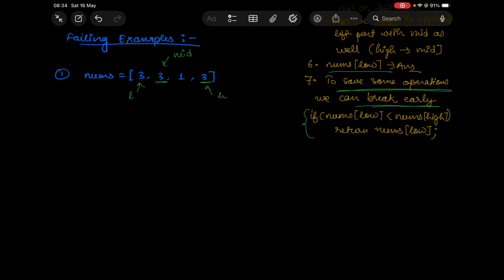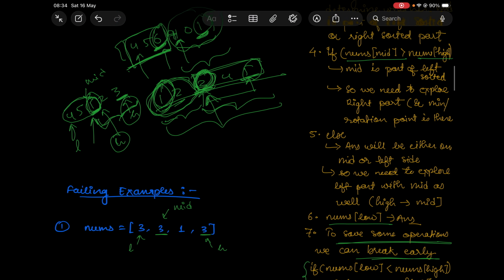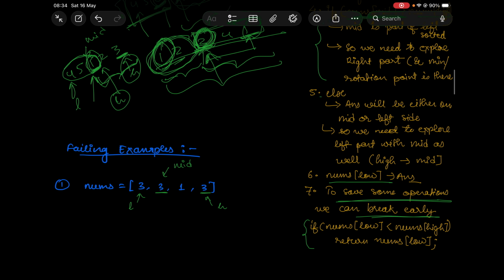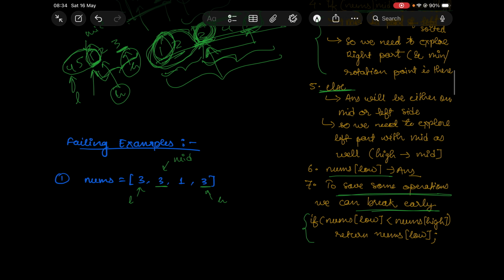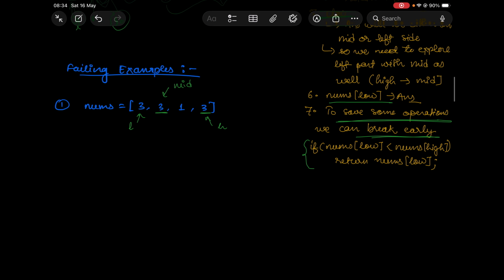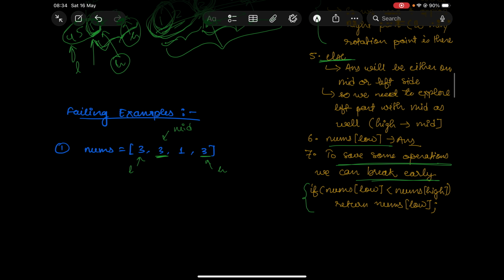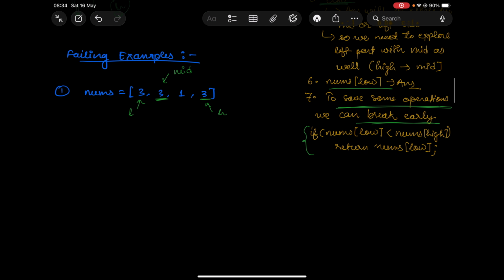Our condition was simply if it is greater than nums of mid, we move and explore the right side, else we explore the left side including the mid also. Now we see this value is equal, so it will fall to the else block. So for equal also, high will move to mid here.